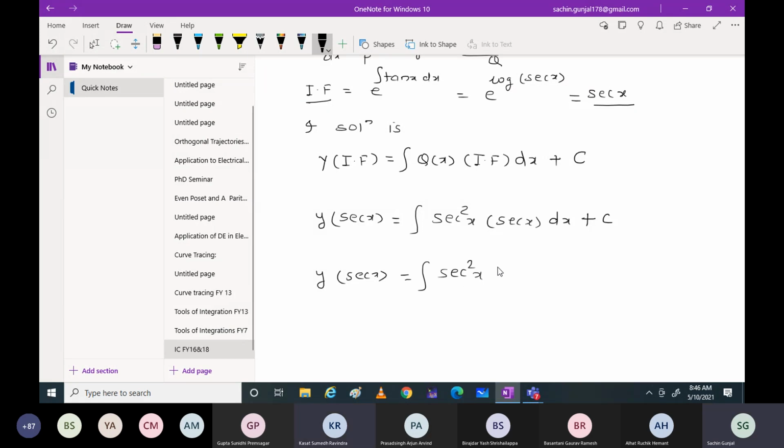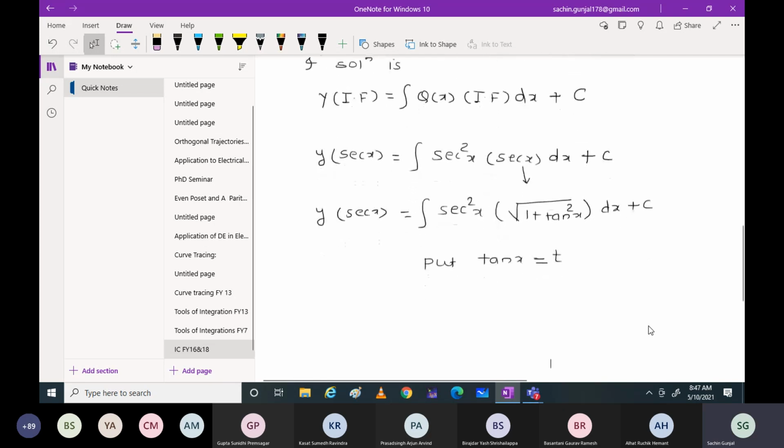Sir, we can apply by parts there. Instead of doing that, let us write this sec square x as 1 plus tan square x. Write this sec x as under root 1 plus tan square, and here you can put tan x as t.